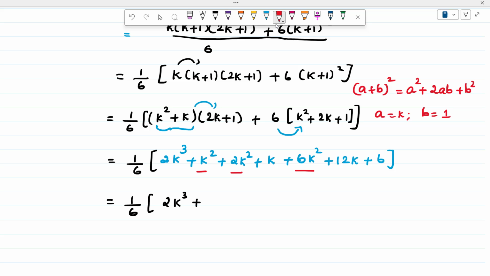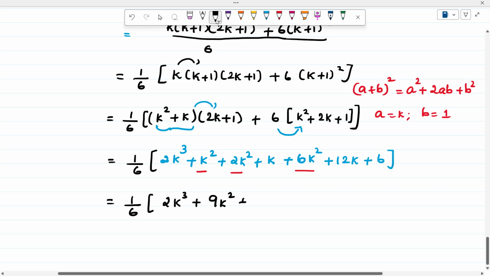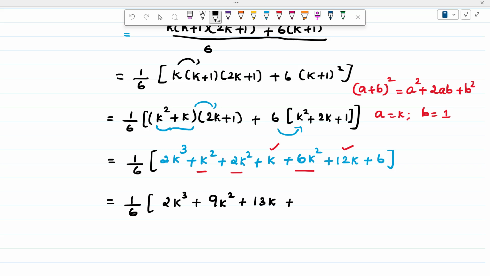Therefore when we add 6 plus 2, 8, 8 plus 1, 9, so 9k square plus, next is the k term. The value is k and here it is 12k. Therefore 12 plus 1, it is 13k, plus the constant term. The constant term is here only 6.